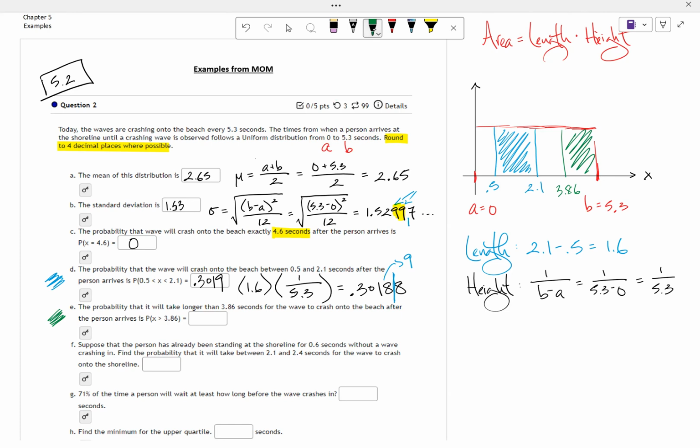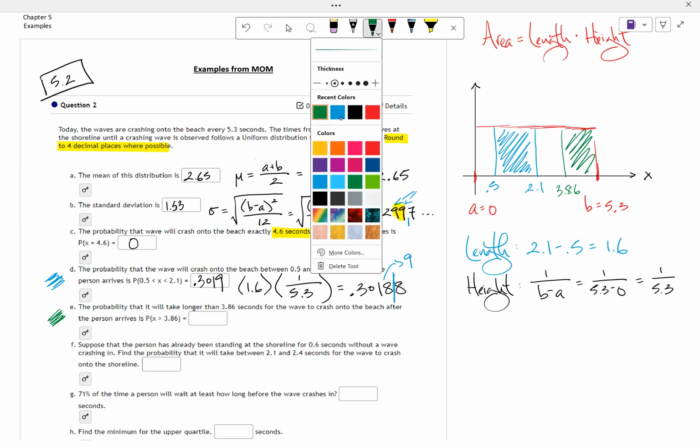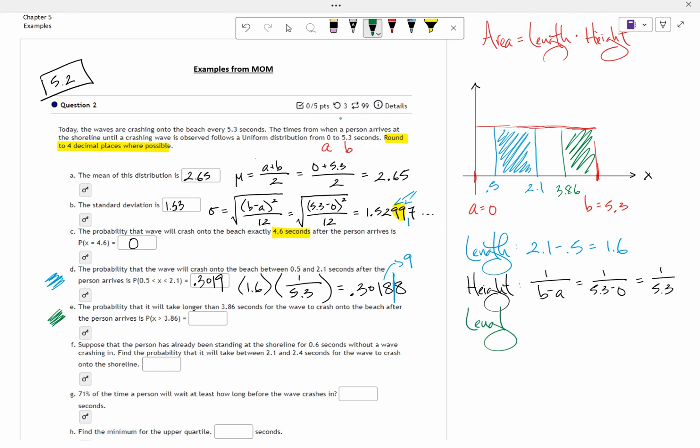I already know my height, and the length is 5.3 minus 3.86, which gives 1.44.